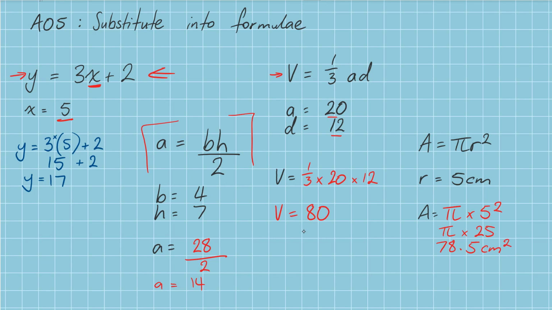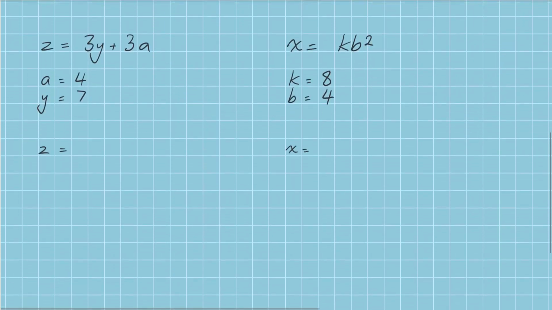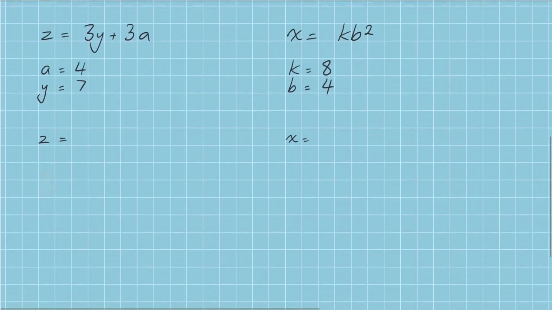So this is an opportunity now, it's just the time for you guys to go through and attempt to answer some of these questions on your own to test the knowledge that you've hopefully just obtained and try to solidify that knowledge. So in the first formula, we're trying to find the value of z, and the formula is z equals 3y plus 3a.